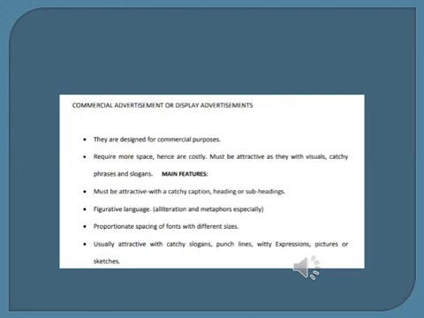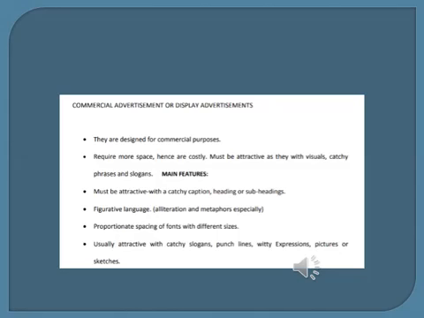So you have to remember that it requires more space, therefore they are very costly, and you'll find them in the newspapers, on TV. They must be attractive as they are full of visuals, and you'll find catchy phrases, slogans there. So the main features of commercial advertisements: they are quite attractive with a catchy caption, headings or subheadings. Then figurative language is used there.